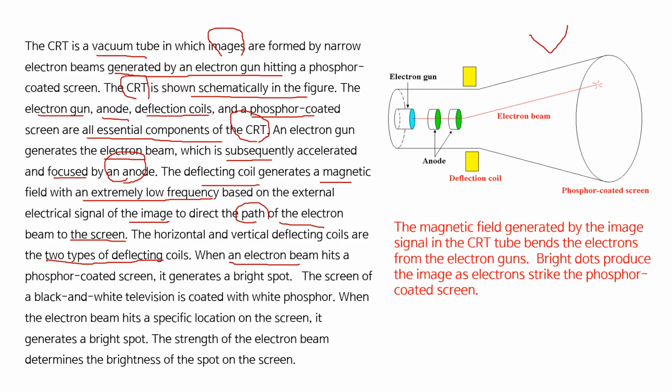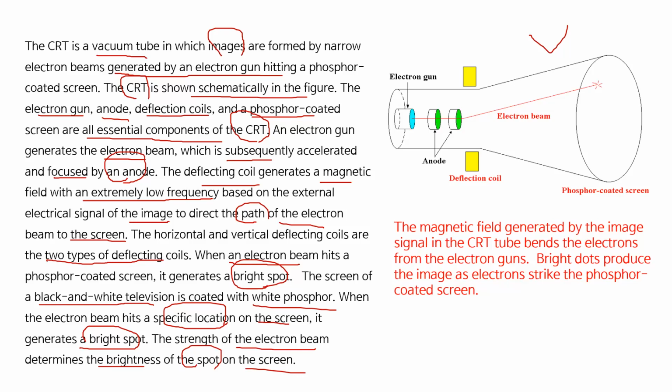When an electron beam hits the phosphor-coated screen, it generates a bright spot. The screen of black and white television is coated with white phosphor. When the electron beam hits the specific location on the screen, it generates a bright spot. The strength of the electron beam determines the brightness of the spot on the screen.